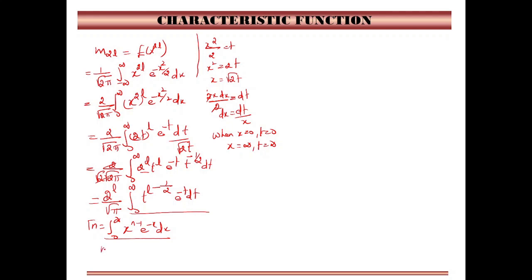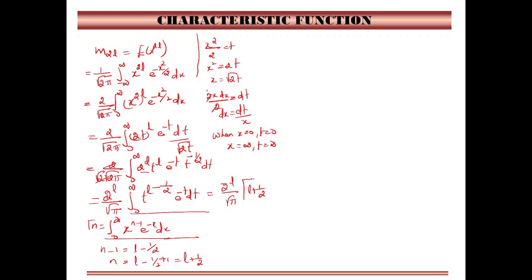So compare the power. So n minus 1 is equal to l minus 1 by 2 and find n. So l minus 1 by 2 plus 1, which is equal to l plus 1 by 2. Therefore, this is equal to 2 power l by root pi into gamma l plus 1 by 2.